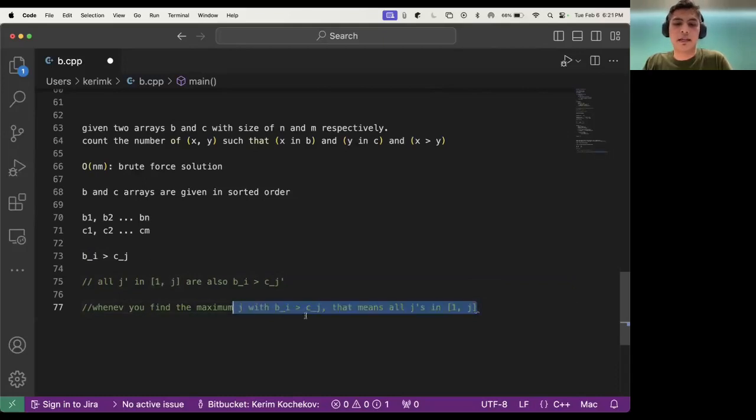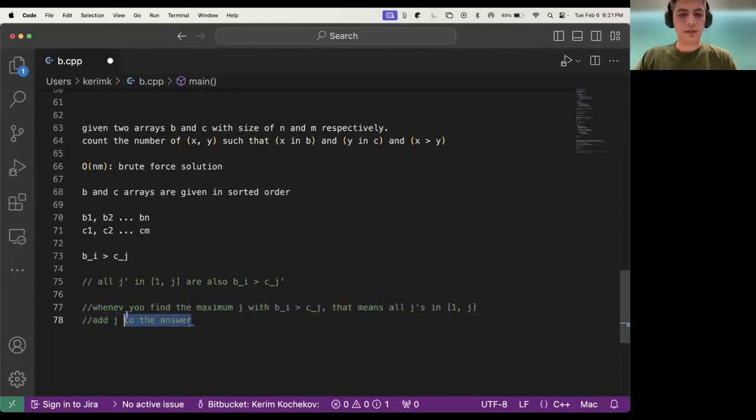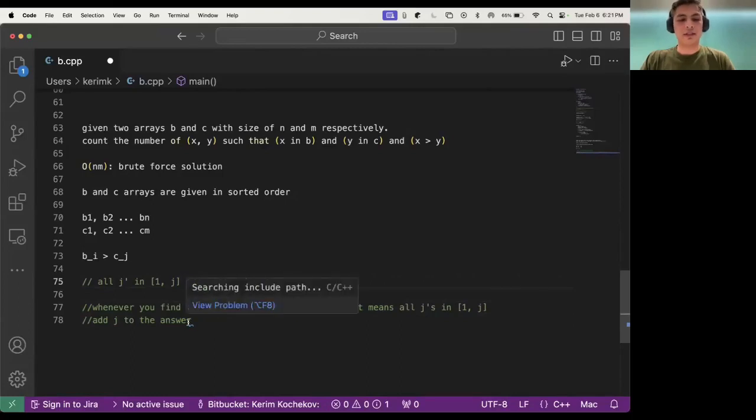That means we can just add j to the answer. So whenever, for each given i, you find the maximum j such that Cj is smaller than Bi, in that case you can add j to the answer. That is the number of items in the C array smaller than Bi.